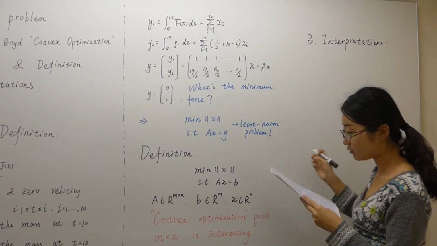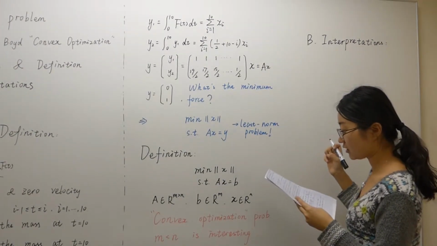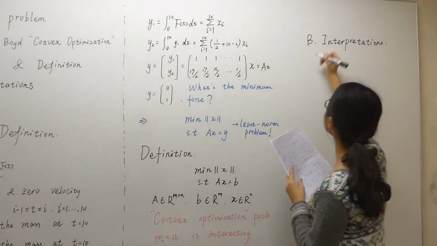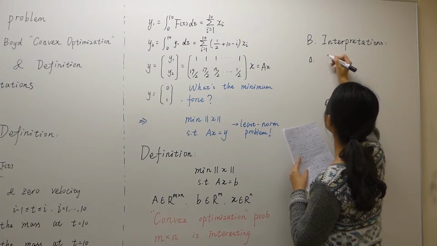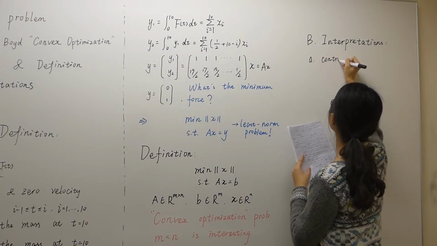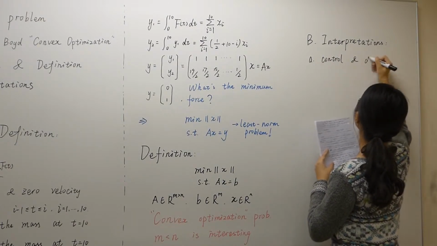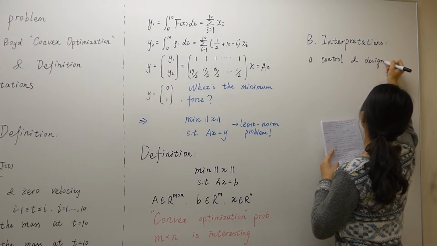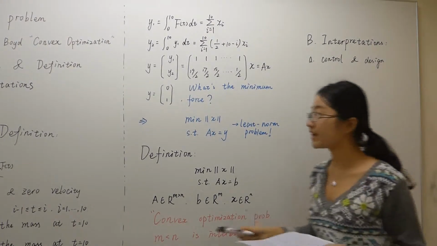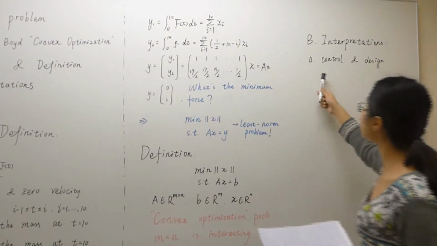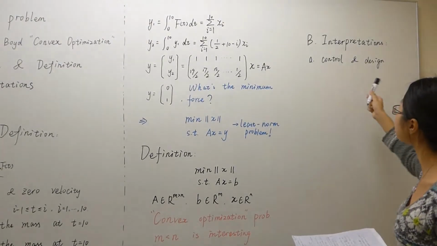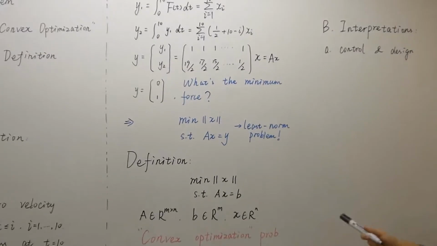The first interpretation I want to explain is the control and design interpretation. The example we just talked about is exactly this interpretation of the problem.